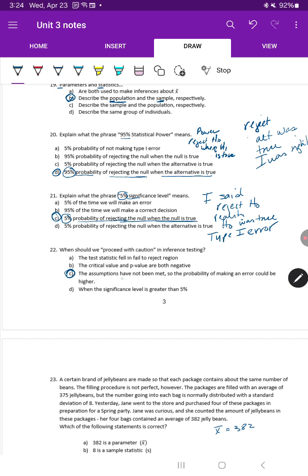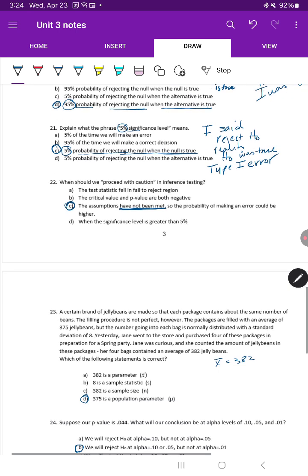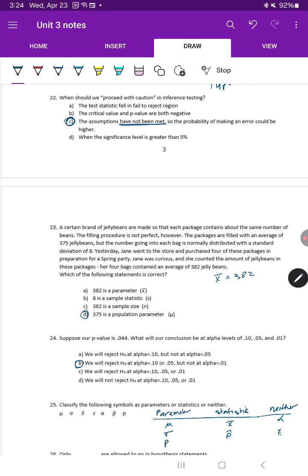Say I had something that was skewed and a sample size of 31. I'm going to tell someone to proceed with caution. Or I'm skewed and I have a 29. I'm still going to proceed with caution. I may run the numbers, but I'm not going to be super confident in my findings because I don't have enough data.